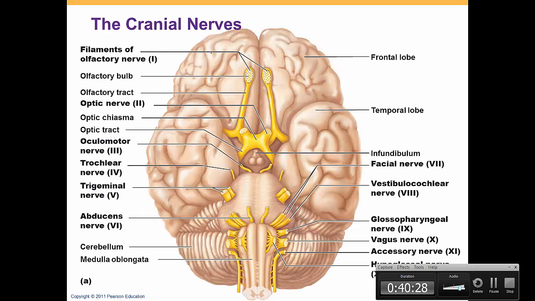So let's start with this view that shows you all cranial nerves. This one here is my olfactory nerve. The olfactory nerves are these small dots here. They are on the olfactory bulb, and they make the olfactory tract. The second one here is my optic nerve. The third one here is my oculomotor nerve. The trochlear nerve here is number 4.